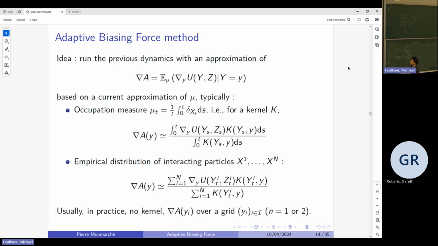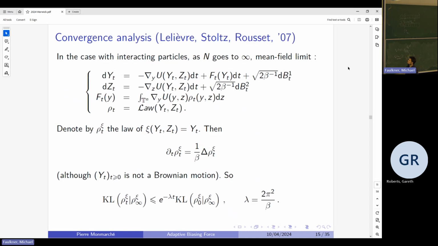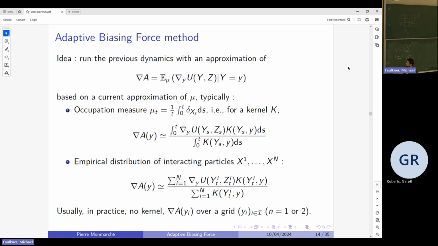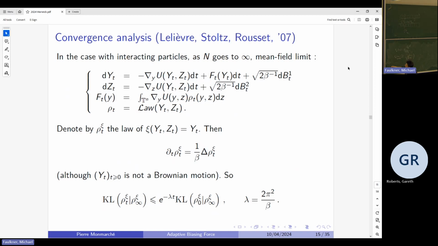So you can just say, let's say they are independent. I have a law of large numbers. This is going to converge to the expectation of that with respect to the law of the particles. And this is a conditional expectation because this is an estimator for the conditional expectation of this guy. So now what do we have?